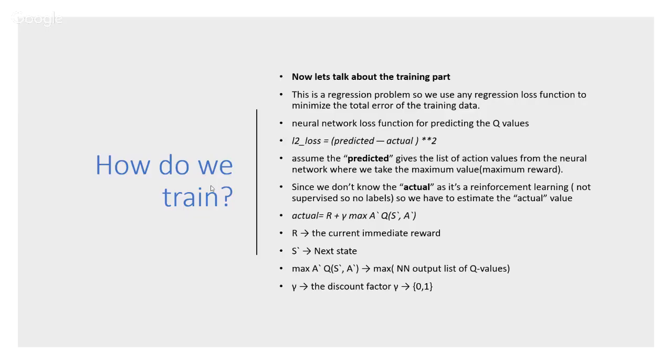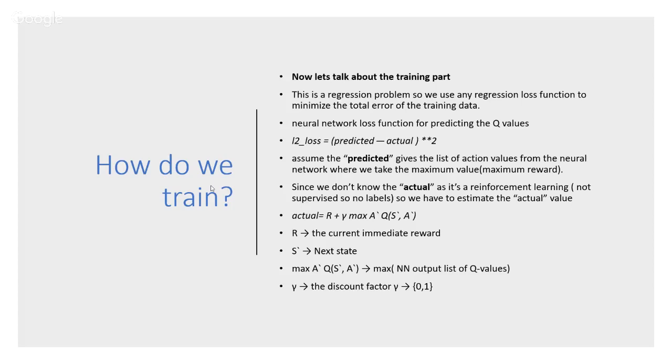I'm going to go into just the basics of how you will train a neural network for Q values. It's a regression problem, so we use a regression loss function to minimize the total error of the training data. A neural network loss function for predicting the Q values is the L2 loss between predicted and actual, as you can see.